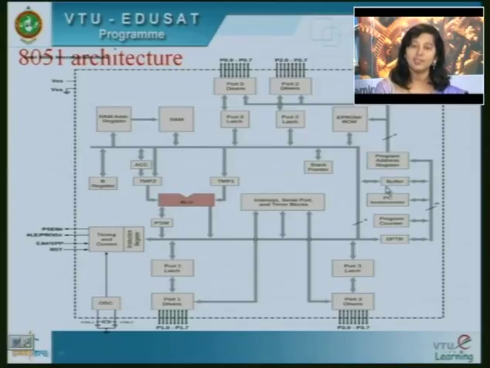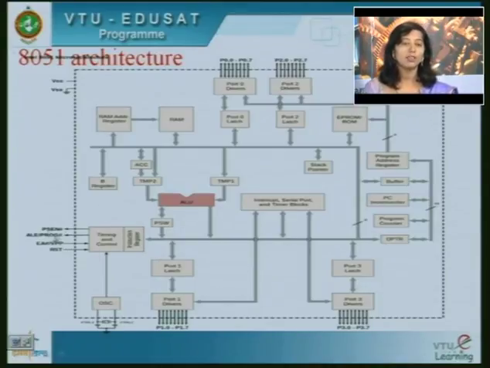Then you have a set of buffers, then the program counter and incrementing the program counter, and a data pointer to point to different data locations, a timing and control block with multiple control signals connected here, and the oscillator to which the crystal is connected. Then I have the 4 IO ports we mentioned, port 1, port 3, port 0 and port 2.